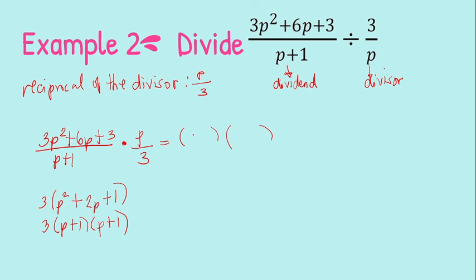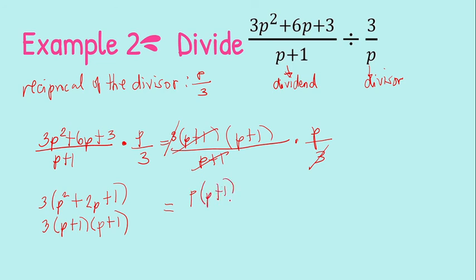So these are the factors of 3p squared plus 6p plus 3. We have here 3 and then p plus 1, p plus 1 all over p plus 1 times p over 3. Cancel the common factors. We have 3 and then p plus 1. The remaining factors are p times p plus 1, and that is the final answer.